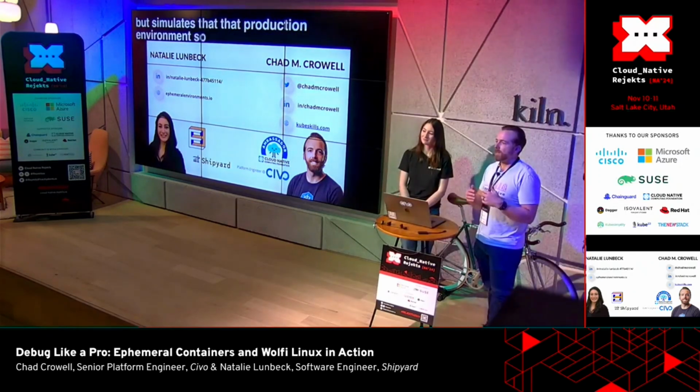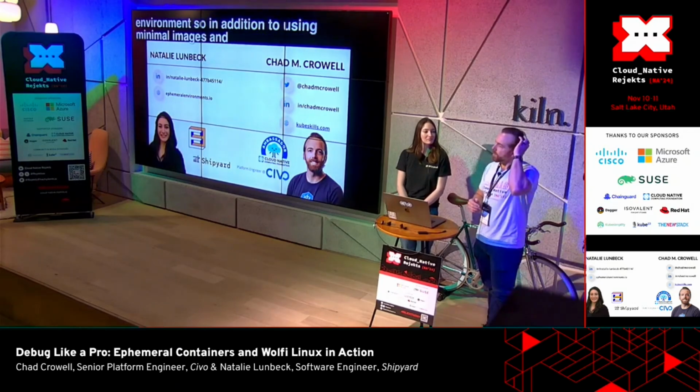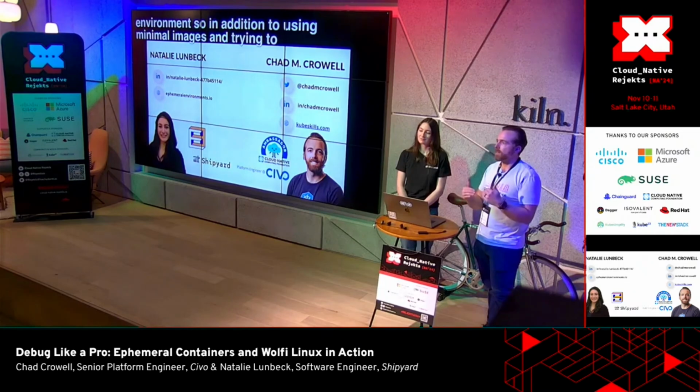So in addition to using minimal images and trying to slim down your images, not only for the footprint but also for the vulnerabilities, I think it's the best of both worlds, because you're taking everything from your cloud environment, wherever your app exists, and simulating that for your developers to do, like you said, just what they want to do, which is work on the application.